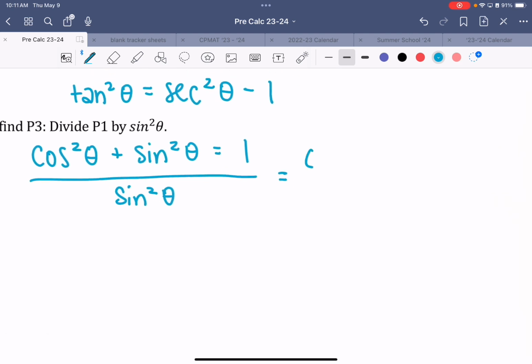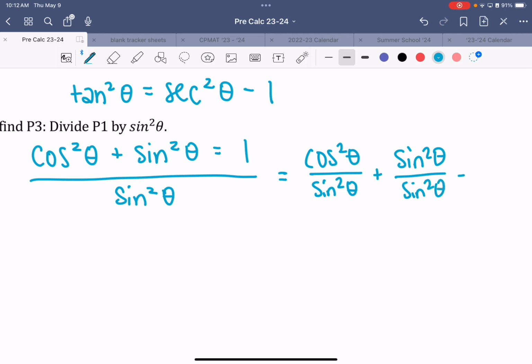So now I'm just going to separate it out like I did on the last one, just so we can see what we're doing a little easier. And then we're going to simplify. Remember, our goal is getting our last 2 trig functions.